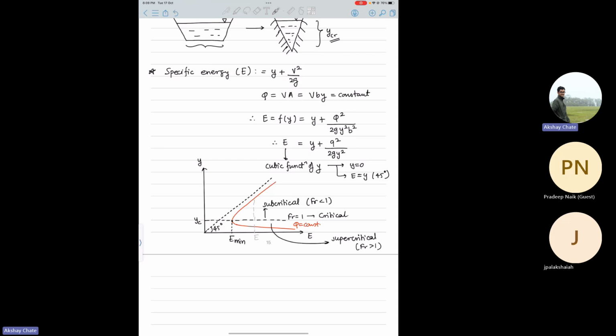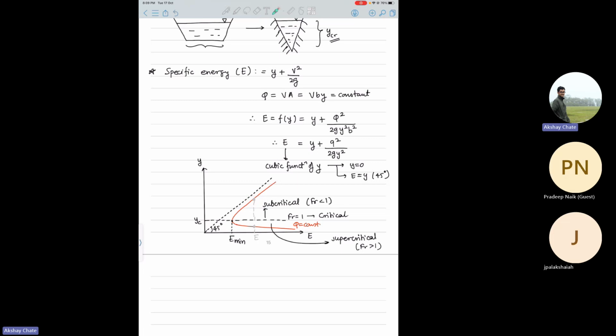So it can have two depths. One can be here, one can be here. So it all depends on which type of flow regime you are operating in. If you are operating in supercritical regime, your y value will be here, and if you are operating in a subcritical regime, your y value will be here. So that's how you have to go about it.